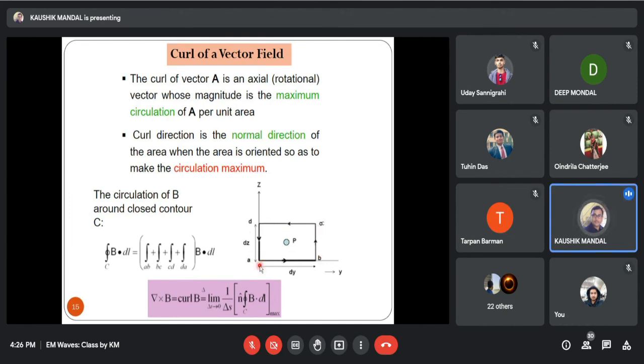That is important. And for this one, the circulation will be maximum, so that's why the maximum value is considered. So 1 by del S, line integral of b dot dl, into n cap. N cap is the unit vector along the corresponding closed surface.